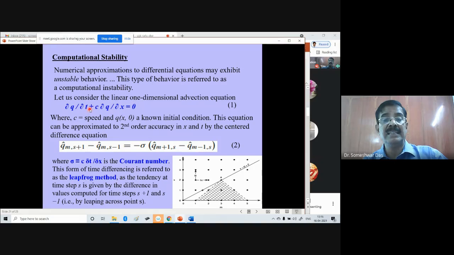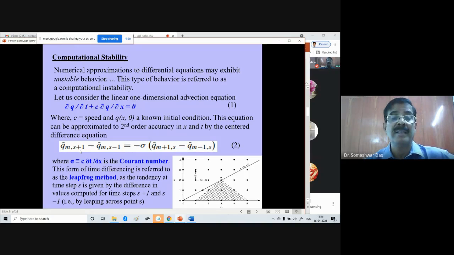Sigma is the product of c times delta t by delta x, and this is called the Courant number, named after a scientist. Remember, this is a very important number.